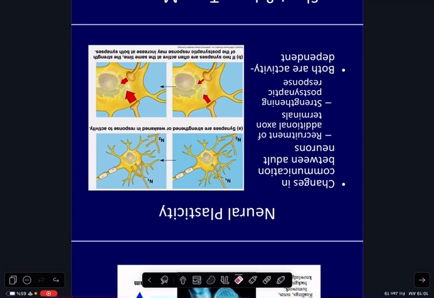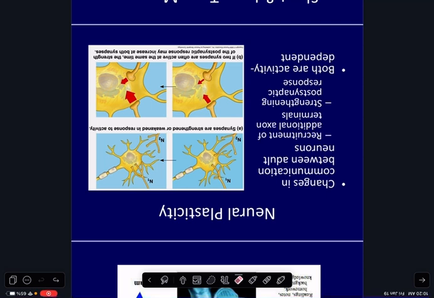So one way adult neurons can change is by the addition or removal of synapses. So here are two neurons, N1 and N2, and they both have an input into this third neuron. Basically, when you are recalling things, when you are learning something, you may see that more input comes from N1 into this cell, and so the number of synapses from N1 to this cell will grow from 1 to 3.